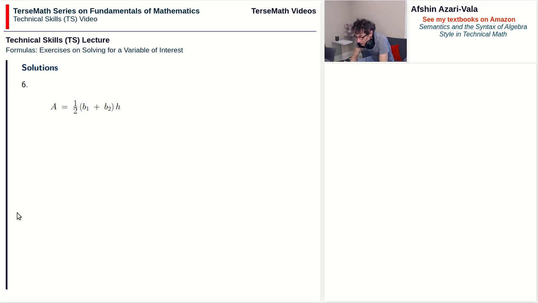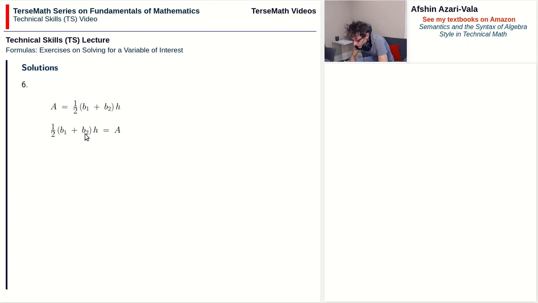Okay, same formula, and this time we want to solve for B1. And so again we switch sides. Now we solve for the term that contains the unknown, which is already done. And there are 3 factors, 1/2, brackets, and H. And the factor 1/2, it's got 1 factor on top, 1 factor down.